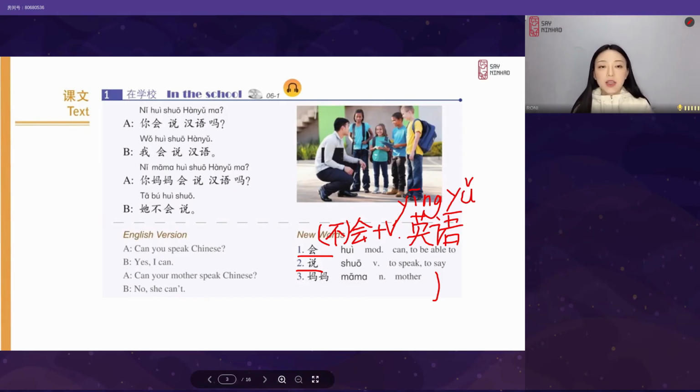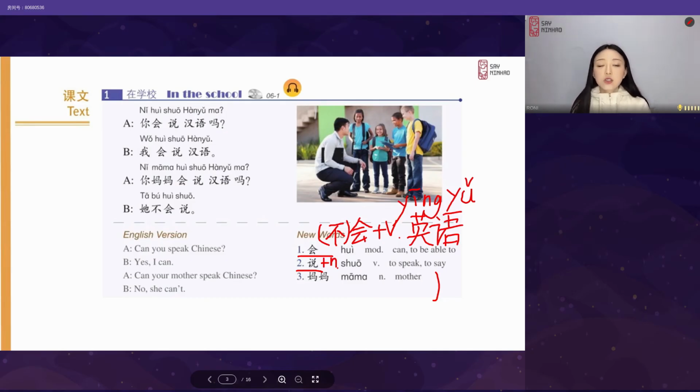It means English. So how to say speak English? It is 说英语, right? So anything you wanna say, you can put the thing after 说, 说 plus a verb, 说 plus a noun, okay?